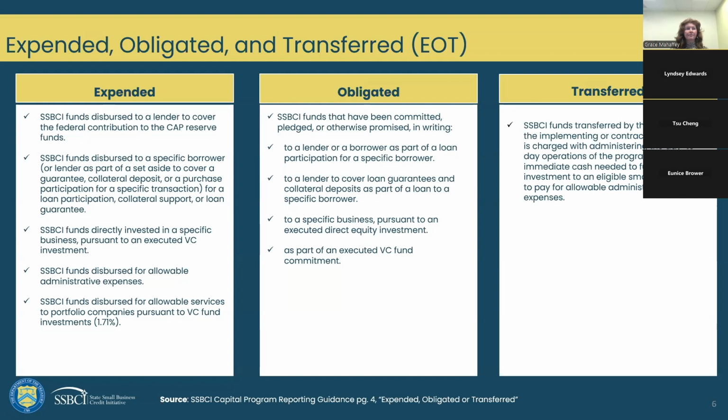Lastly, for a VC fund investment to be considered obligated, there should be a commitment to a VC fund through a signed LP agreement, and the obligation is at the fund level. That covers obligated. The last column is transferred. The main thing to note for transferred is that there should be a documented need to fund a loan transaction or investment or to pay for allowable expenses.